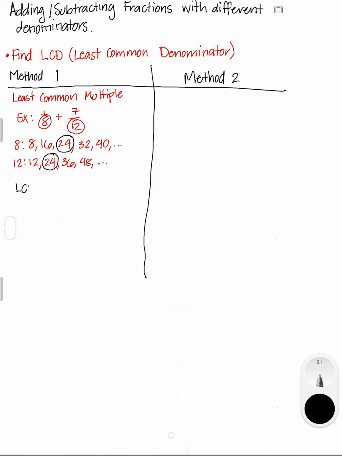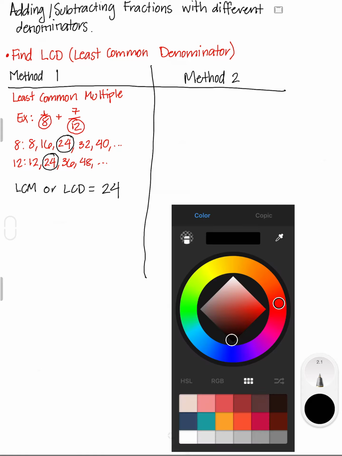So that means that the LCM or the LCD equals 24. So in order for us to add the two fractions, we need to convert the 8 into 24 and the 12 into 24. Okay, but I'm going to get to that later. First, I want you guys to see how to find that LCD.